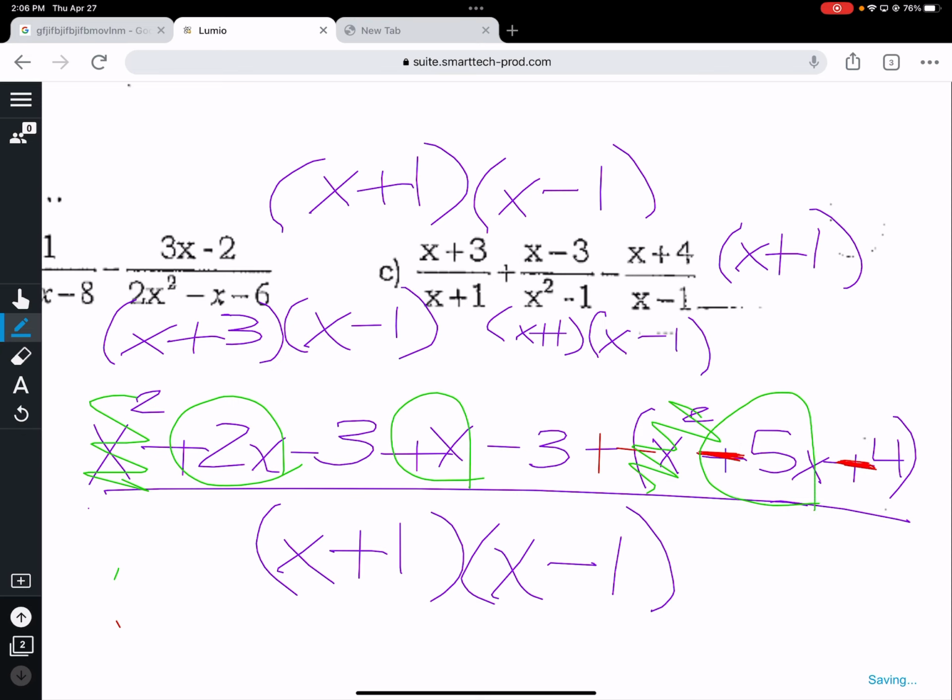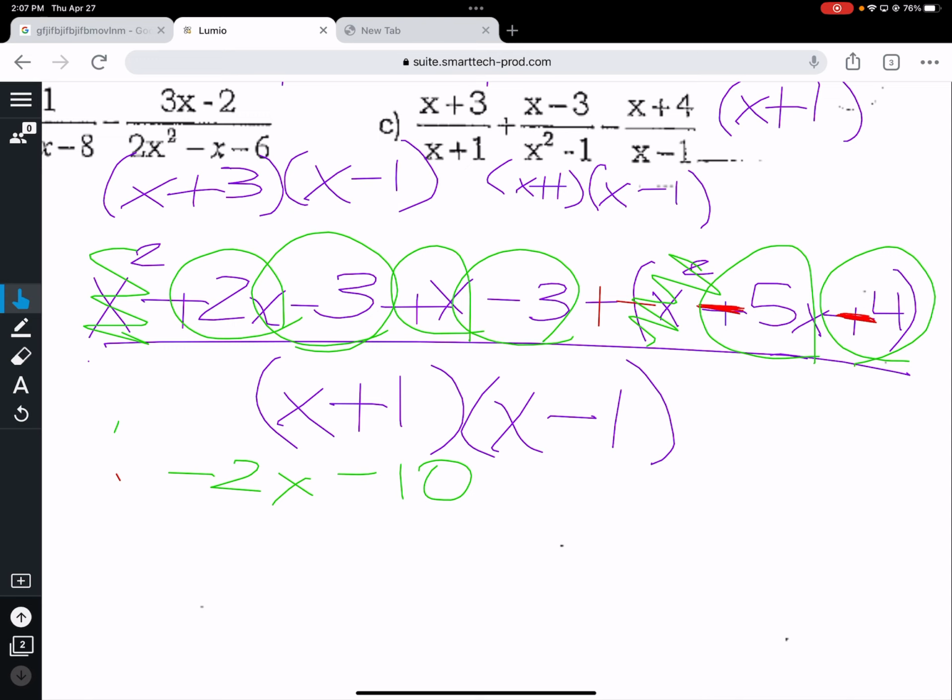So what is that? Negative 2x. And then we've got some numbers in here. Minus 3 minus 4... negative 3, negative 3, and then negative 10. Let me move that up just a little bit. All over x plus 1, x minus 1.